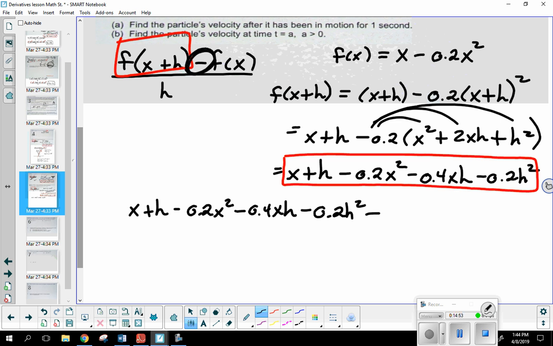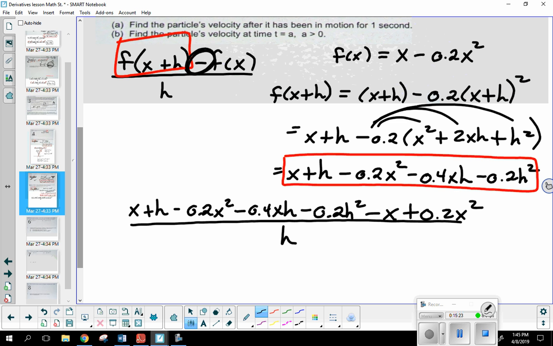I do have a binomial expression. Is it okay if I just, in my head, distribute the negative, or does anybody want me to actually plug in the parentheses? Okay. So this would be minus x plus 0.2x squared. If I were to subtract the binomial, is everybody okay with that? Okay. And then this whole numerator is over h.